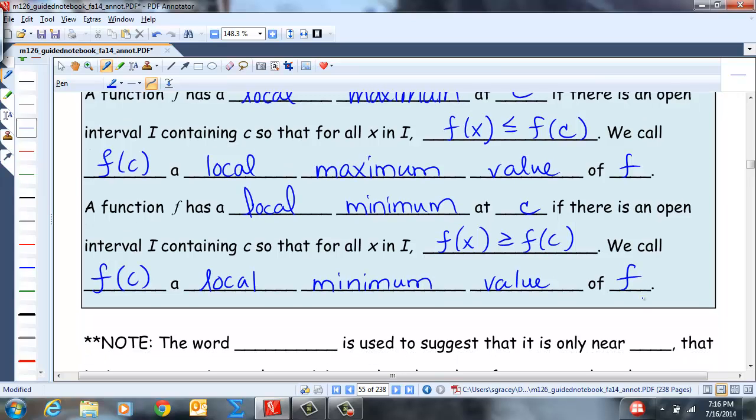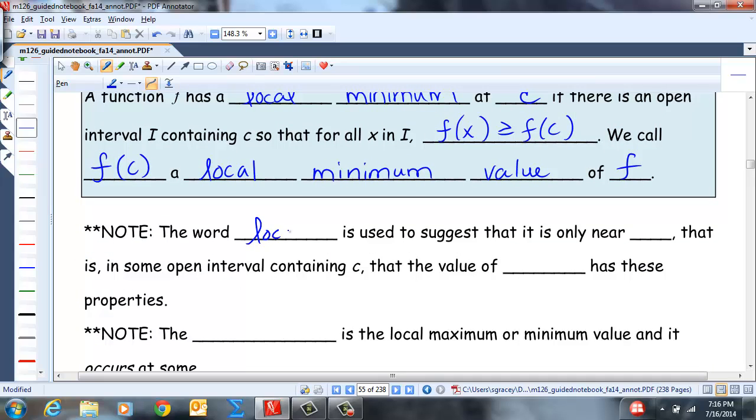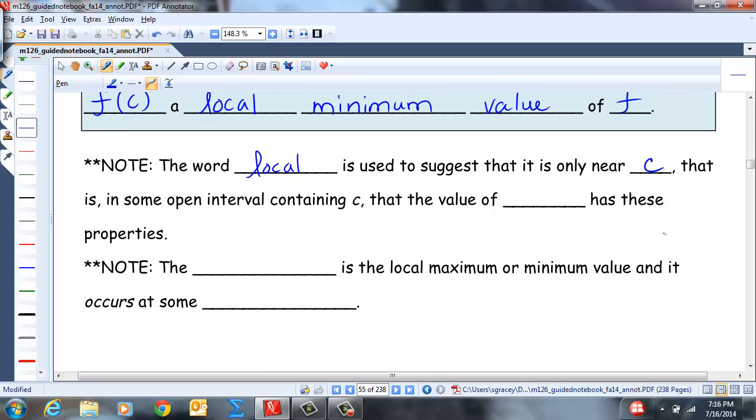Okay, so the word local is meant to suggest that it is only near c. That is, in some open interval containing c, the value of f at c has these properties. So when you say you're local to North County, you don't mean that you're local to Chula Vista, right? You mean maybe Oceanside or Del Mar.